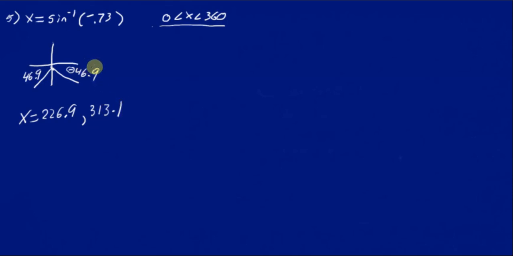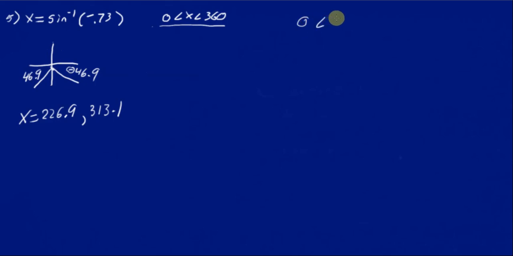So the negative 46 that came up in the calculator is not an answer because negative 46 is not on the interval from 0 to 360. The two answers that give me my reference angles of that 46.9 between 0 and 360 are the 226.9 and the 313.1.